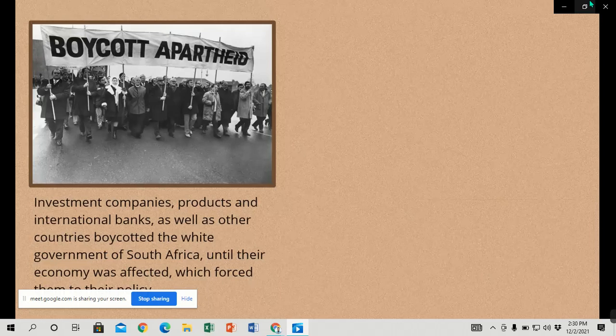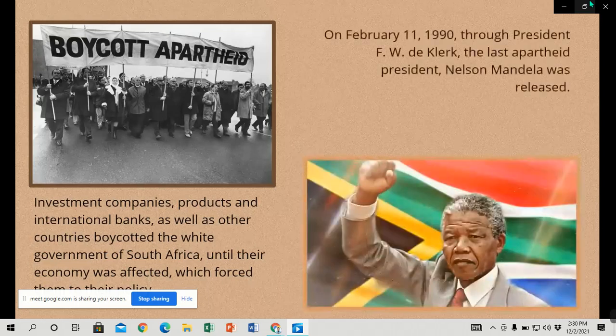And with that, on February 11, 1990, through President F.W. de Klerk, the last apartheid president, and because the country was suffering from the continuing protests and the support given by other countries, there was no other way but to impose changes in the government system. So being the last president of the apartheid system, F.W.